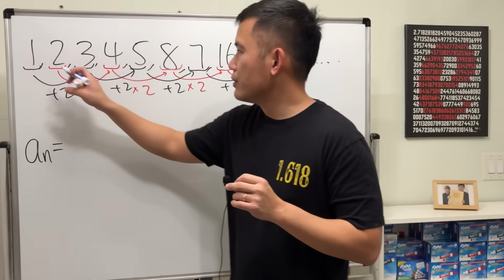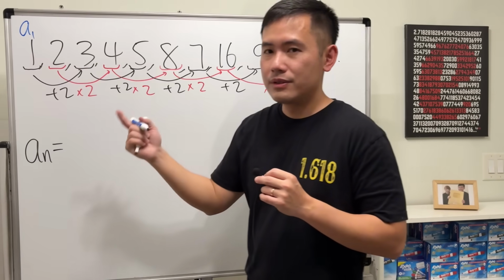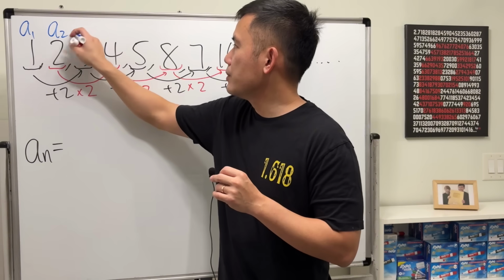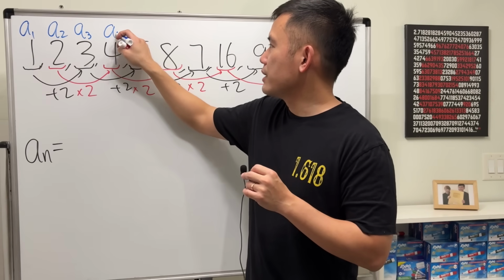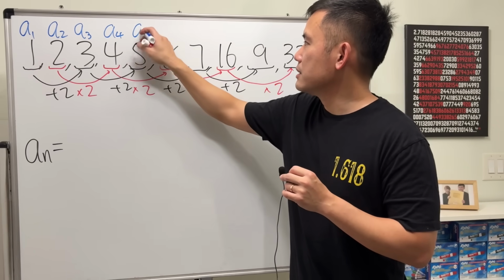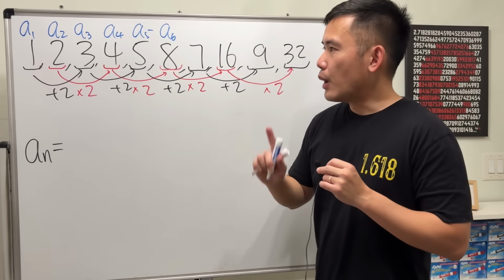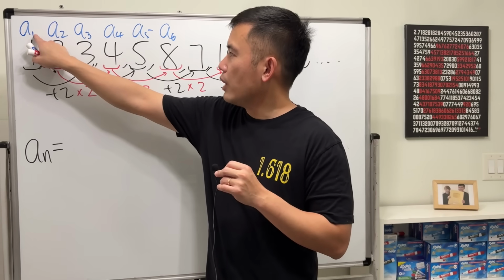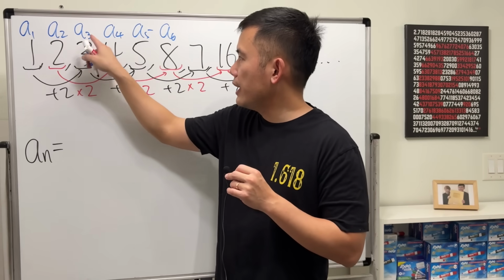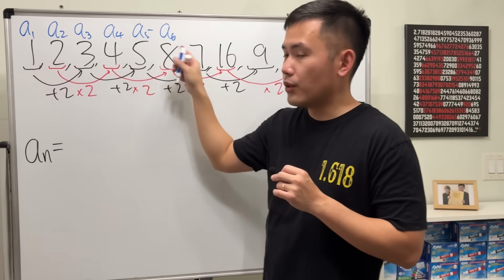This right here to us is let's say 1, so this is A1, and then A2, A3. So just write down whichever term is A5, A6, and so on. Our goal is to make sure A1 gives you 1, A2 gives you 2, A3 gives you 3, A4 gives you 4, and so on.